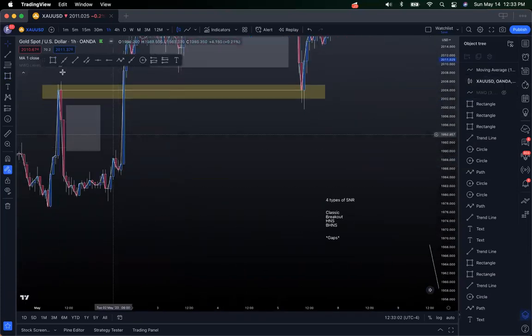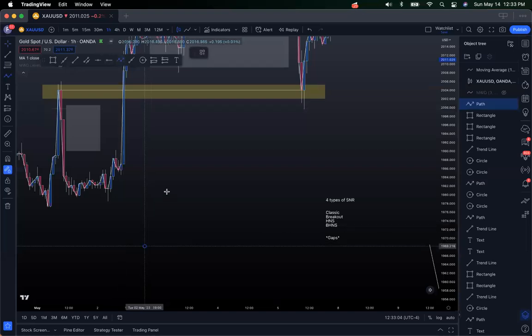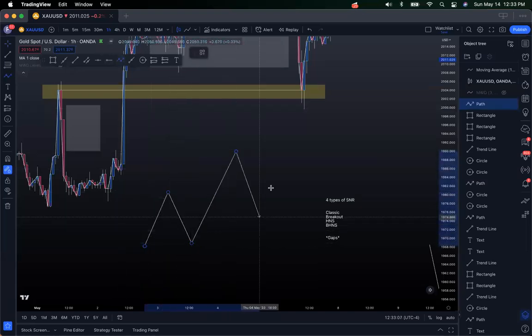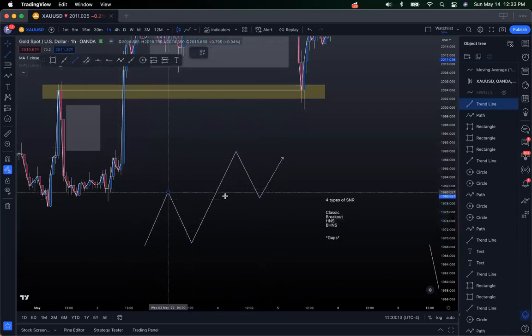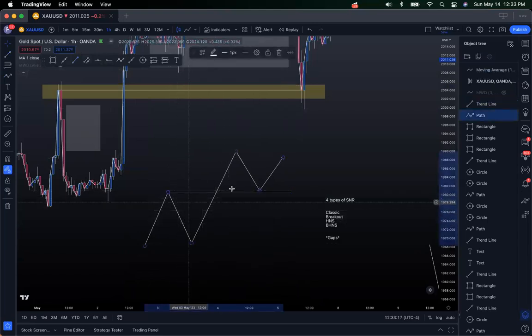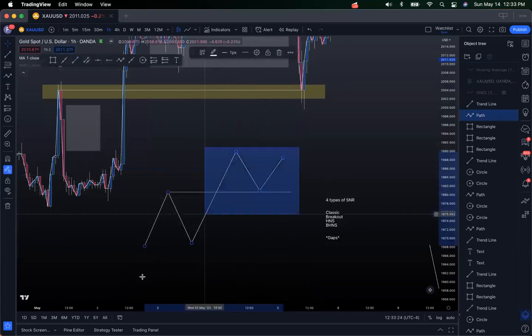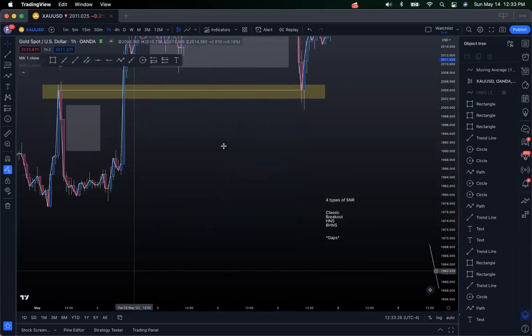So when you learn about RBS and SBR, you have that breakout and retest. So the main thing is in between and after the breakout, this level has to be fresh. It must be fresh. So let's go over some more examples.